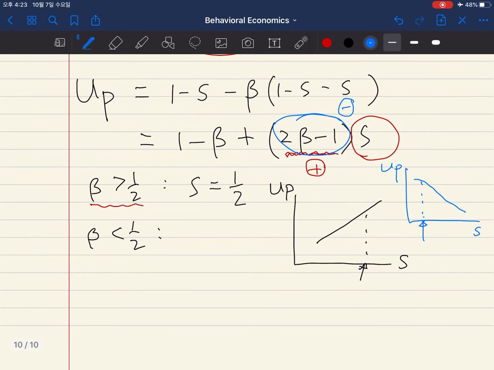Therefore, if beta is less than half, so in this case beta is relatively small, we can see that proposer is the type of person who doesn't really care about inequality. So he doesn't feel a great degree of compassion toward others. So in this case, proposer is going to offer exactly the threshold S upper bar.